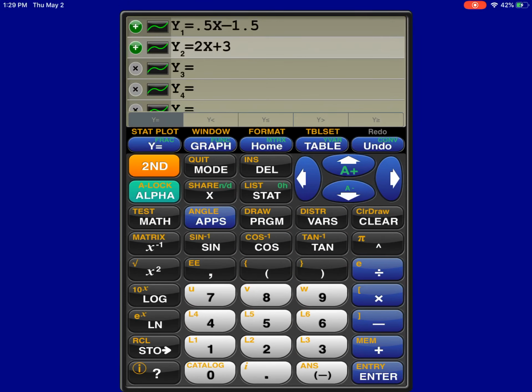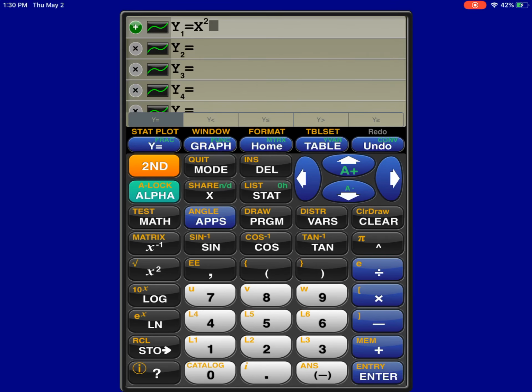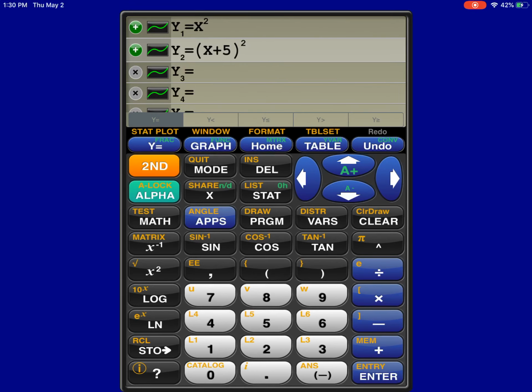So I'm going to go to y equals. In y1, I'm going to do x squared, which is that parent function. In y2, I'm going to do whatever I have in vertex form. So y equals x plus 5 squared plus 3.